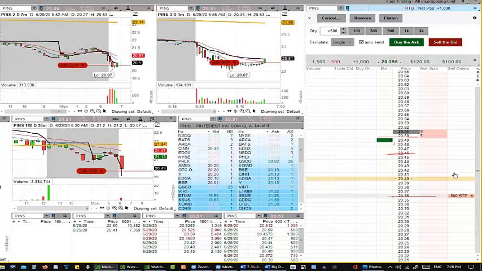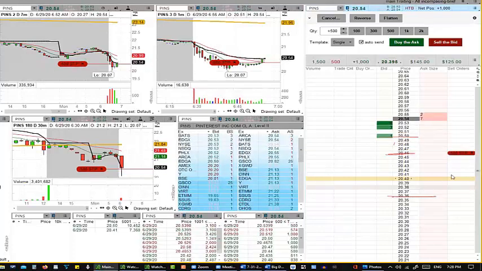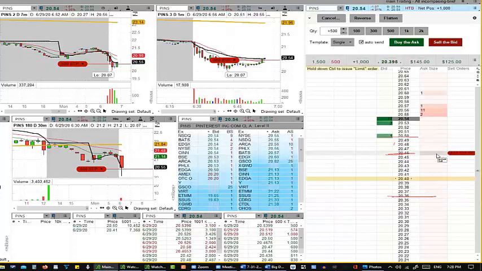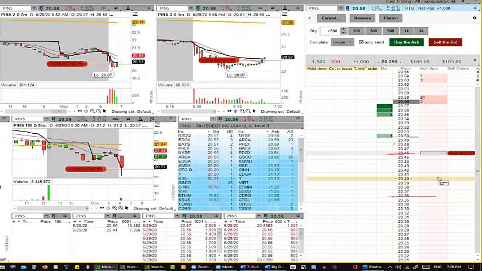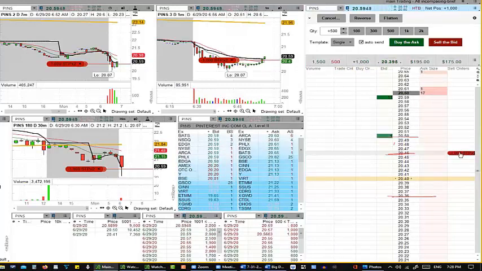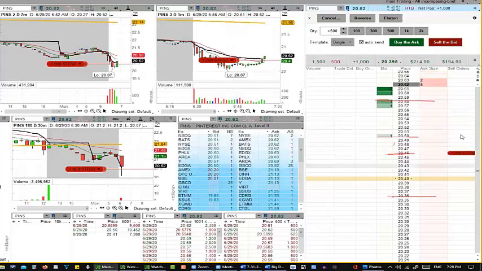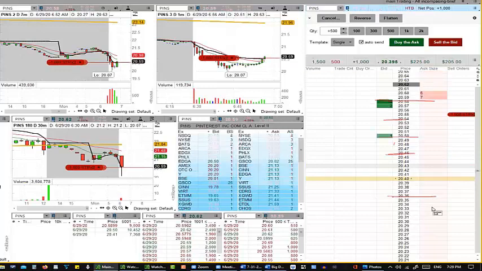So drag your stop up. Here we go. There's a seller at 58. Now you can hide a couple. 54 is fine, 55. There you go.